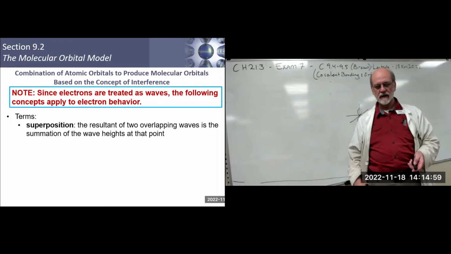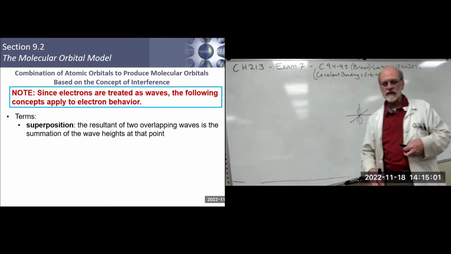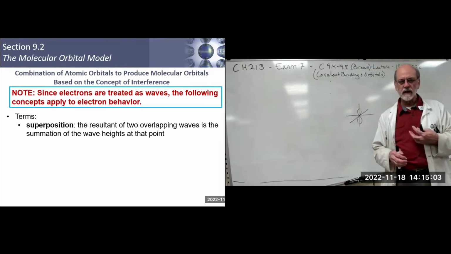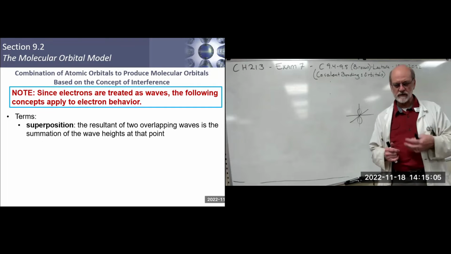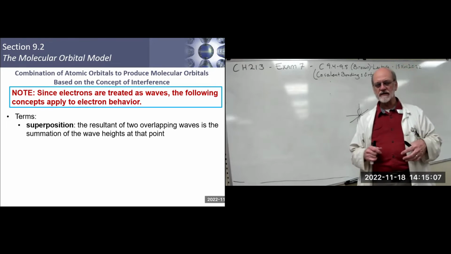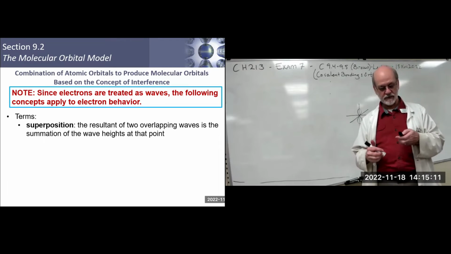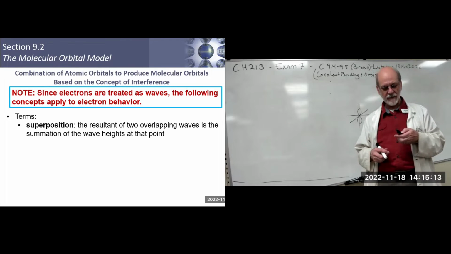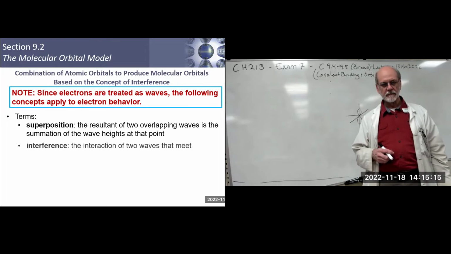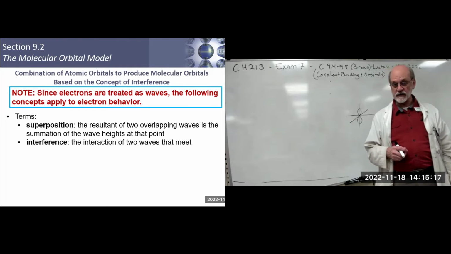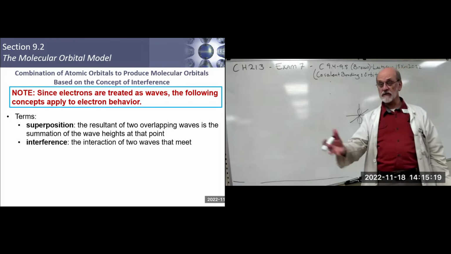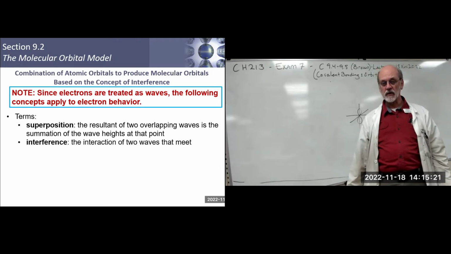Okay. So what we have witnessed is when these waves approach each other, they are superposed. Superposition is a word that's used for interactions of waves when they overlap. Interference is just a description of what they do when they interact with one another.